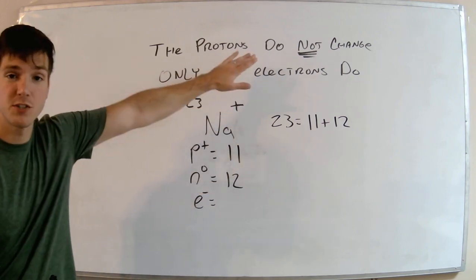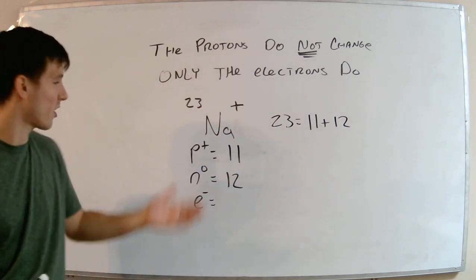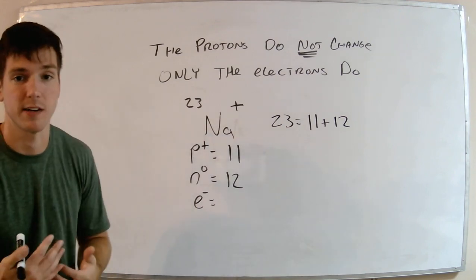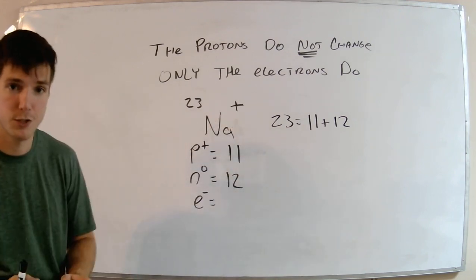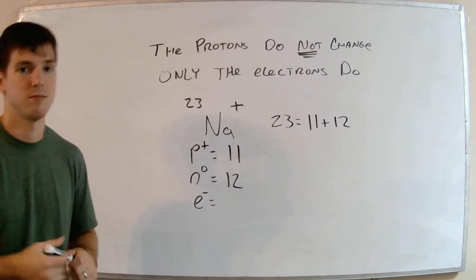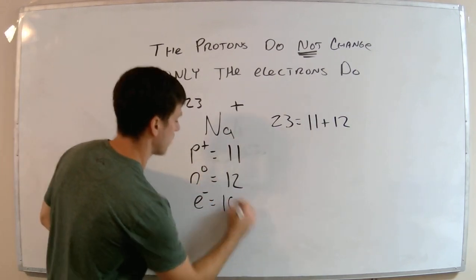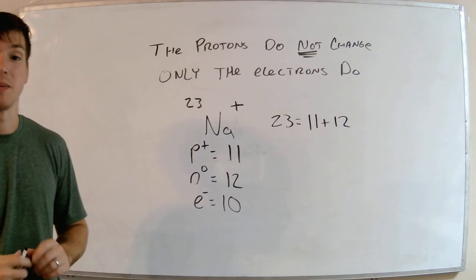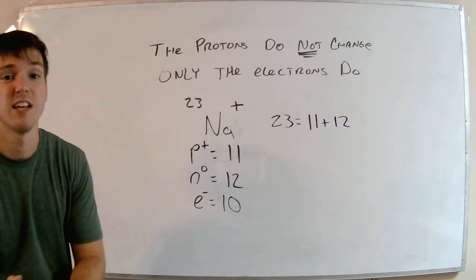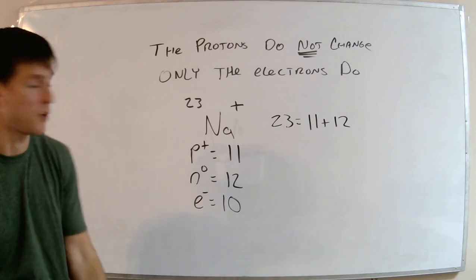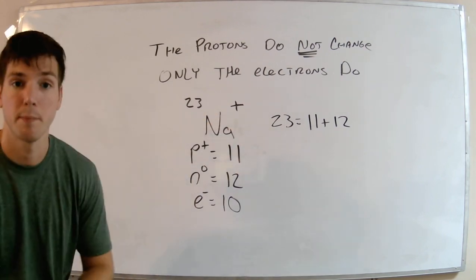I never change the proton, because if I do that, then I no longer have sodium. I have a different atom. So, how many electrons would I need to get a +1 charge? 10. That means I have 1 more proton than electron, giving me that +1 charge. 10 protons take out 10 electrons, leaving 1 proton left over to give it that +1 charge.